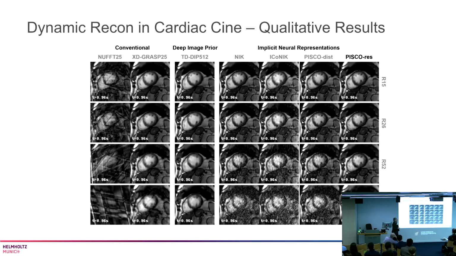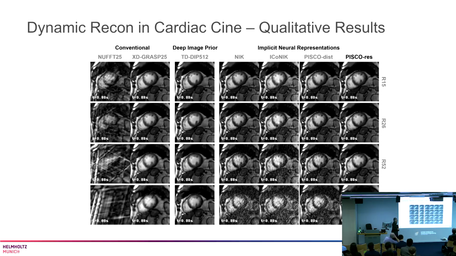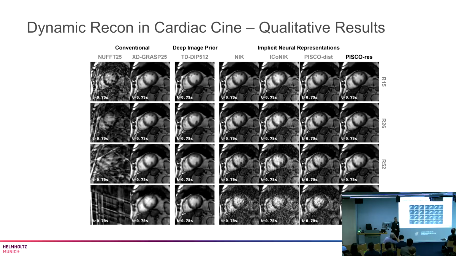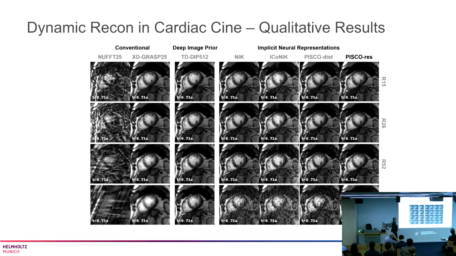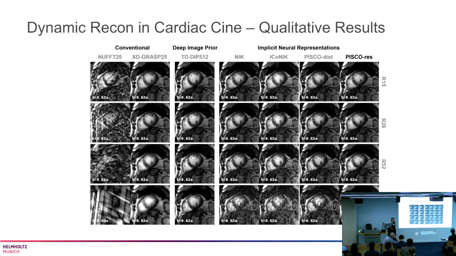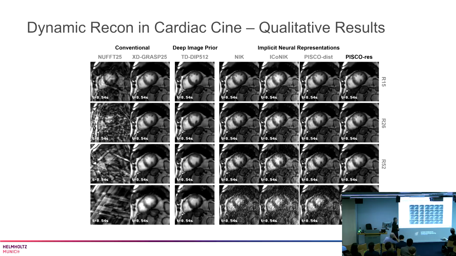This is now the latest one. We see actually going down to a factor of 104, we get some pretty good images. Of course, we've got here the redundancy in the temporal domain, which is always nice to exploit.